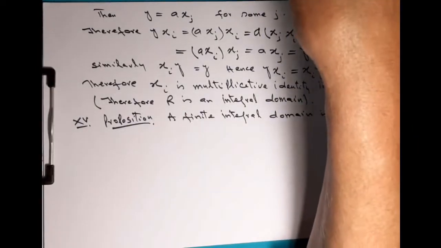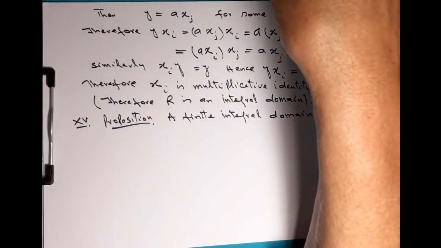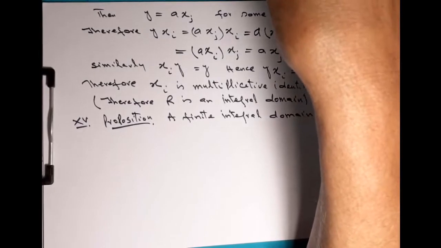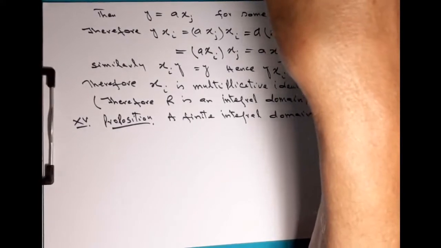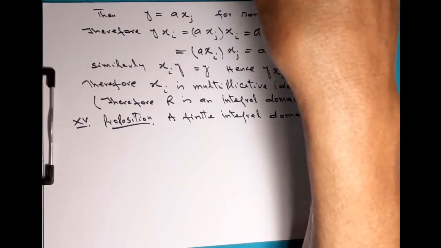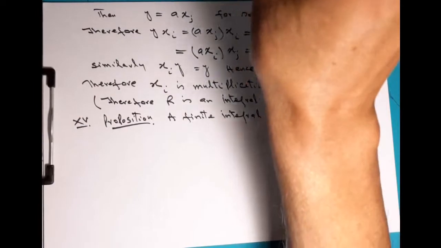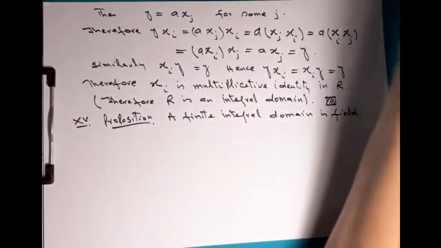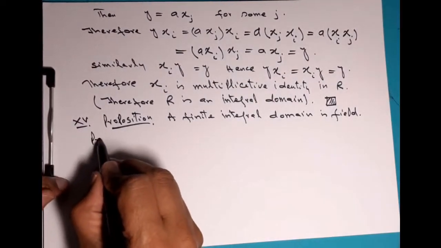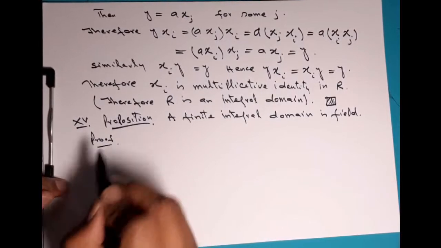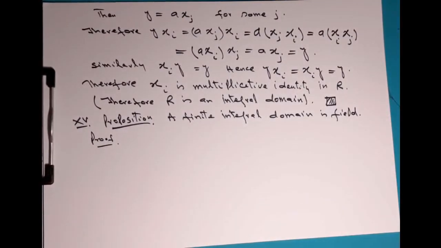Do you remember what a division ring is? In a division ring, we did not require the ring to be commutative. So we can say that a commutative division ring is a field. We recall these things at the end of this particular proposition, and then let's prove that. So what is the difference between an integral domain and a field?